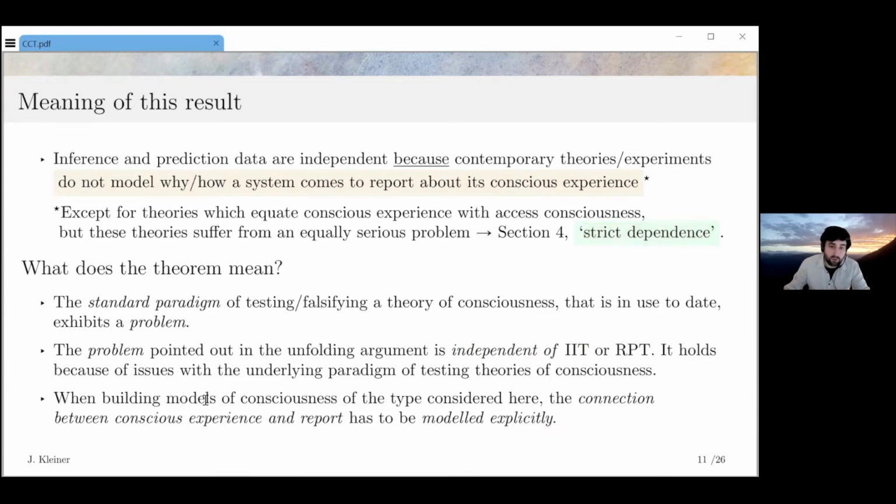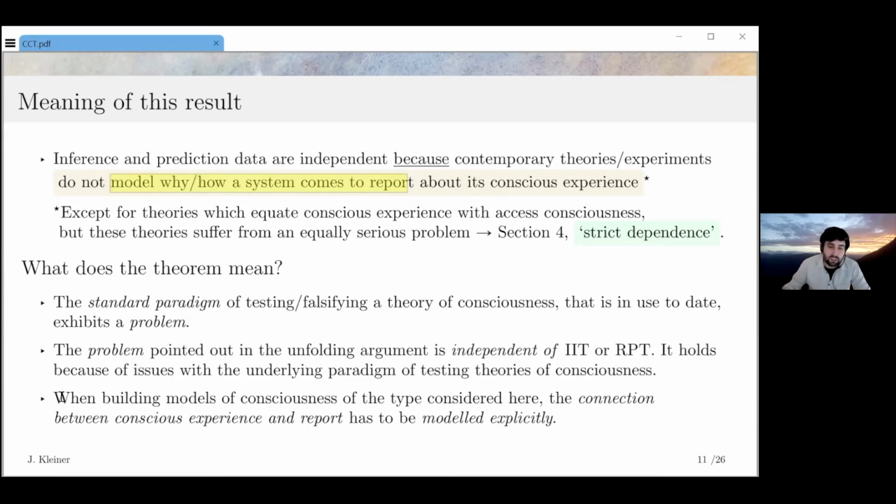The goal, of course, is then to build theories or conceive of experiments, and it has to go hand in hand, where we model how the system comes to report about its conscious experience. And as soon as you do that, you go to a realm which we have called, I think, lean dependency. I'm not sure at present, but basically you can go to a space where you don't have independence and you don't have strict dependence, but there may be a way in between which then works.